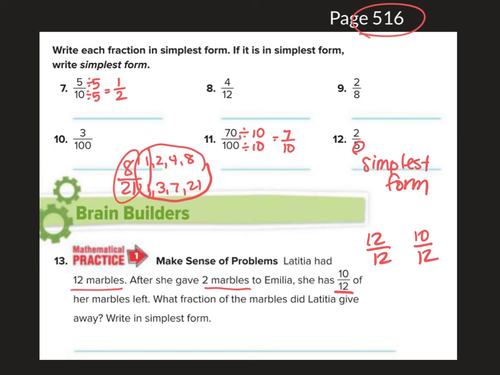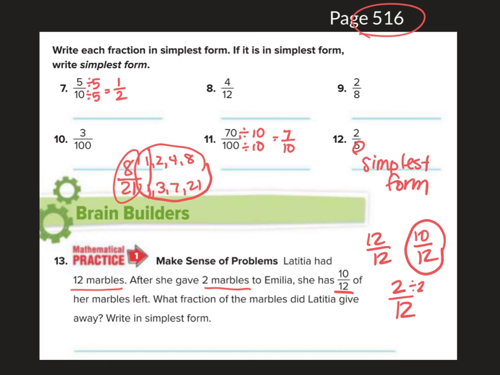So we're just trying to write, what fraction of marbles did she give away? So she has 10 twelfths. That means she gave away 2 twelfths. Look at that tricky wording, you guys. I thought we were just supposed to write 10 twelfths as the simplest form, but they are writing this tricky. Okay, so I need to write 2 twelfths. That's how much she gave away.